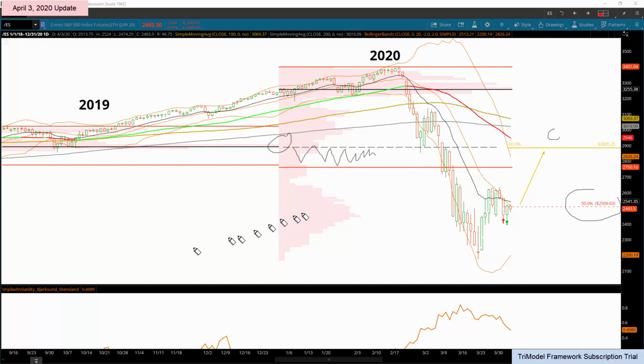Now, let me tell you something. Estimates are estimates, okay? They don't factor in miracles and unforeseen events, because remember what the estimates were back in January. They were the exact opposite. Everybody was foretelling an S&P expansion up to 3,700, 3,800, and this and that.